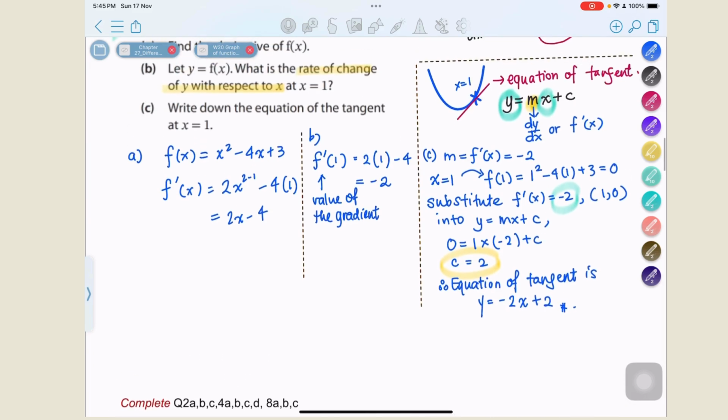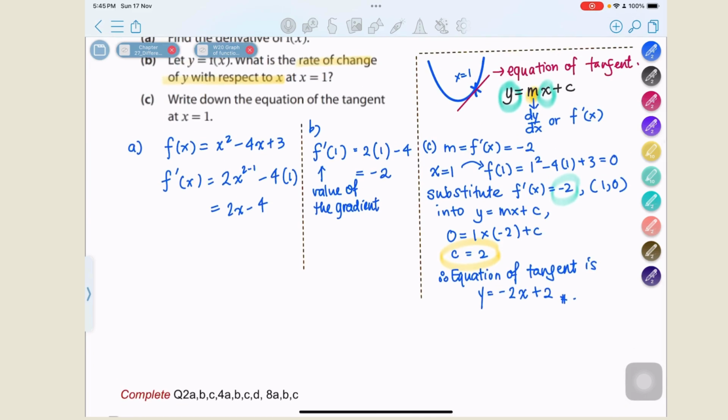Before we continue to the next part, I want to do a summary for equations of tangent. There are a few steps you need to remember.